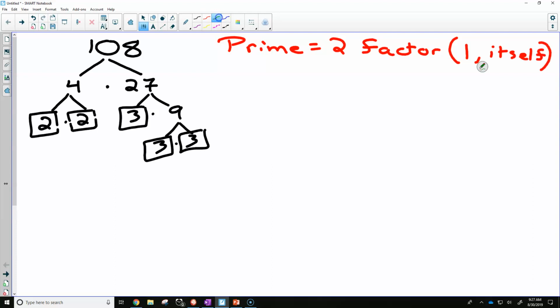If it is a composite number, I'm going to say 2 plus. Could it have 3? Yeah. Number 9 is a composite number, and its factors are 1, 9, and then 3 times 3. Also, it's 1, 3, and 9. 2 plus factors.